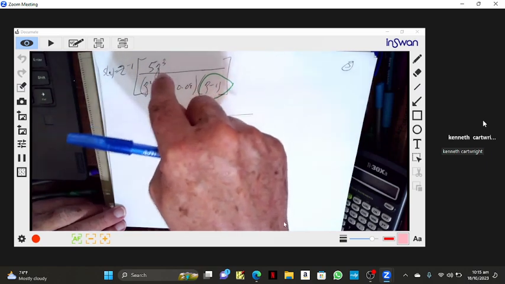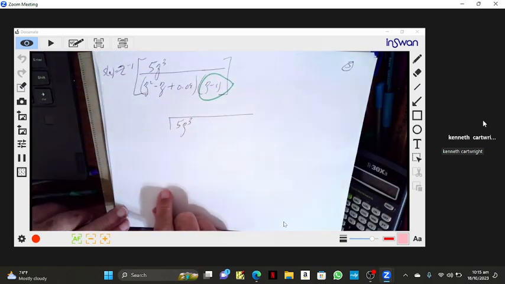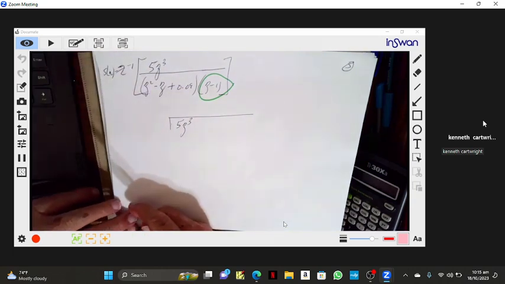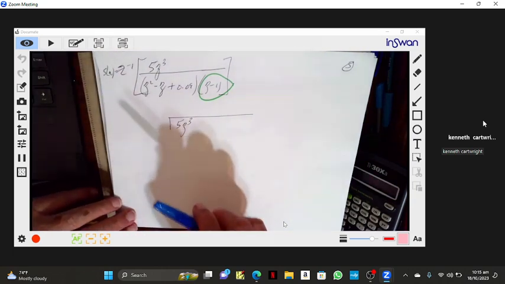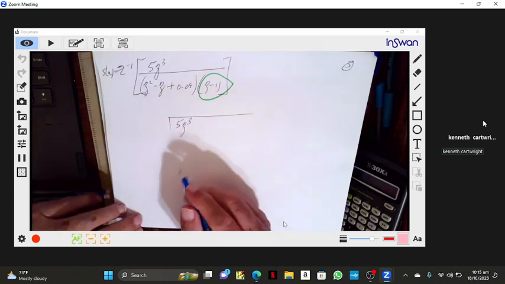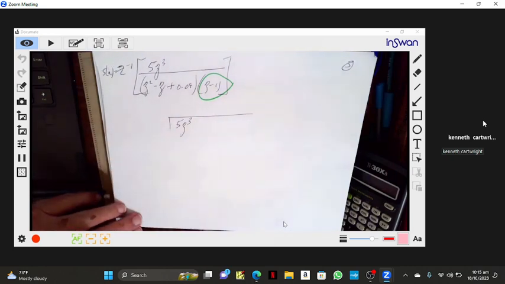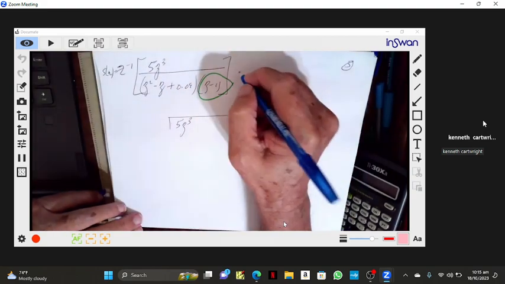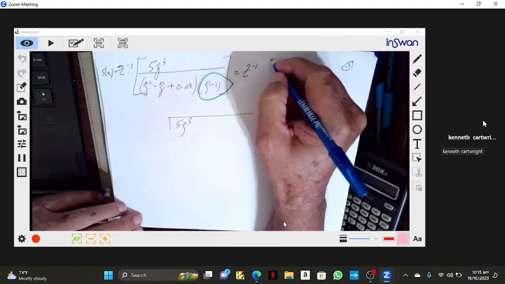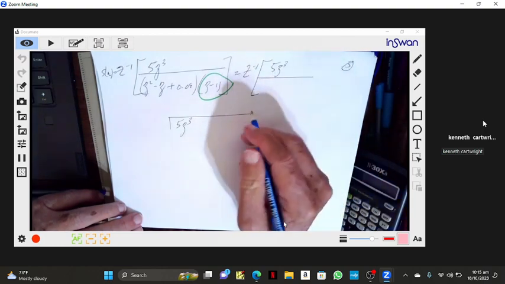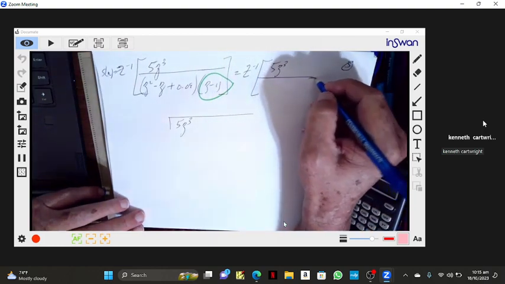Up here it says, divide that top by this bottom. That's what it says. So why are you only dividing by the quadratic part of it? You have to multiply the bottom.